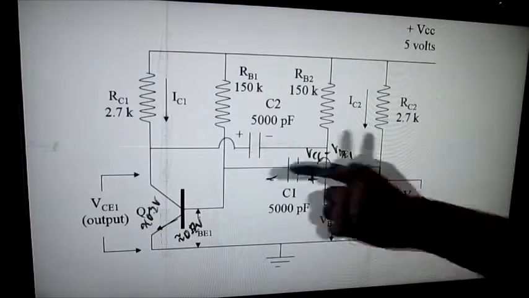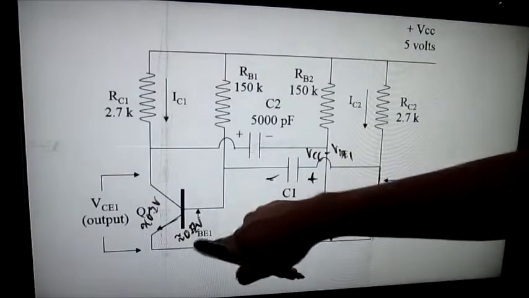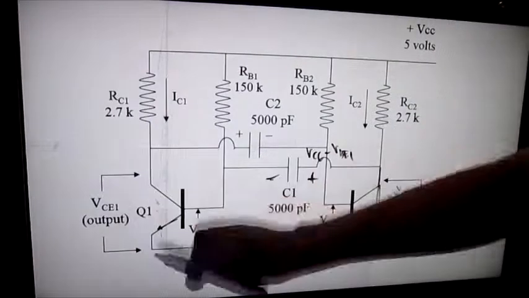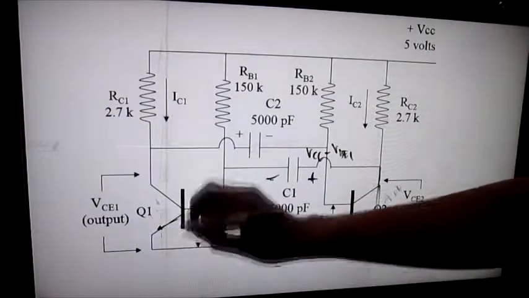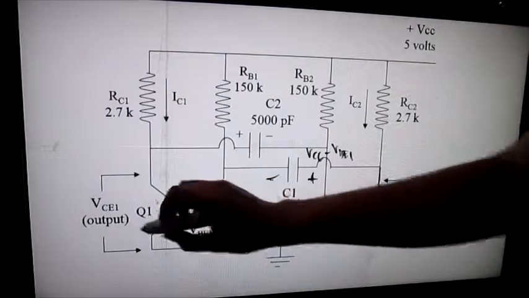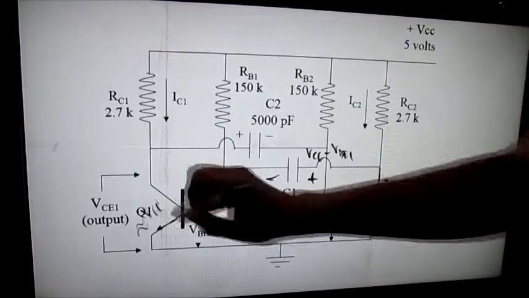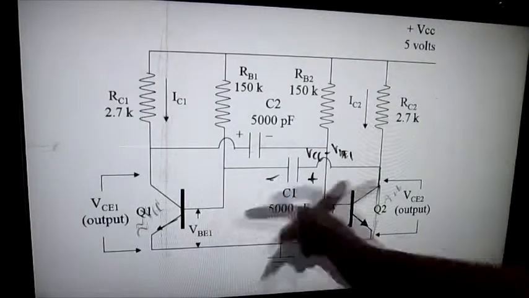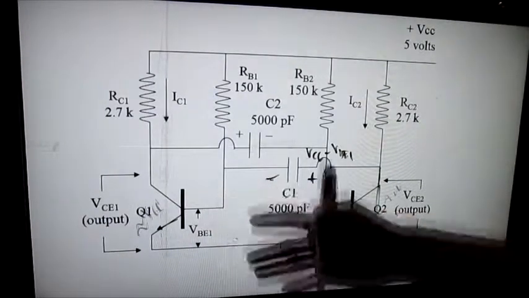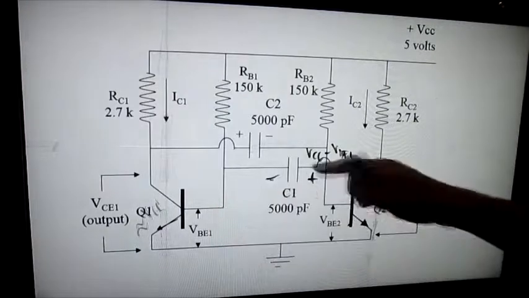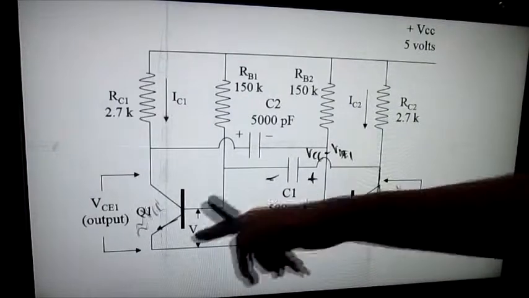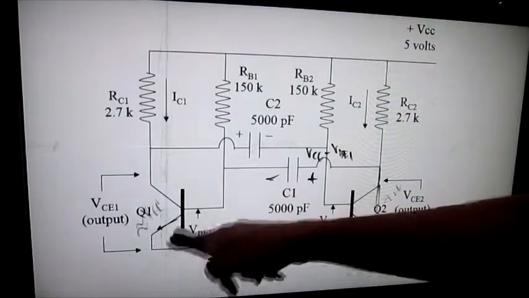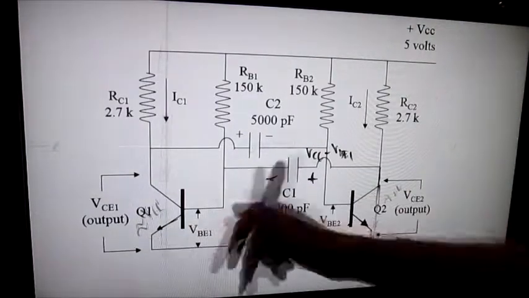Applying a negative bias to Q1 makes Q1 off. So Q1 would now have a voltage of around VCC for its collector to emitter, and the voltage of its base at that point would be equal to VCC minus VBE1.